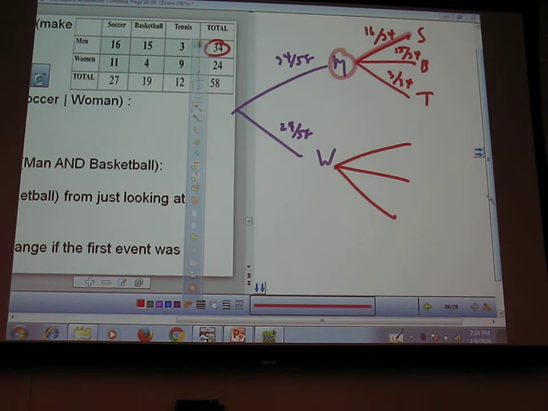And then basketball, so it'll be 34 out of 15 times 15 over 34.